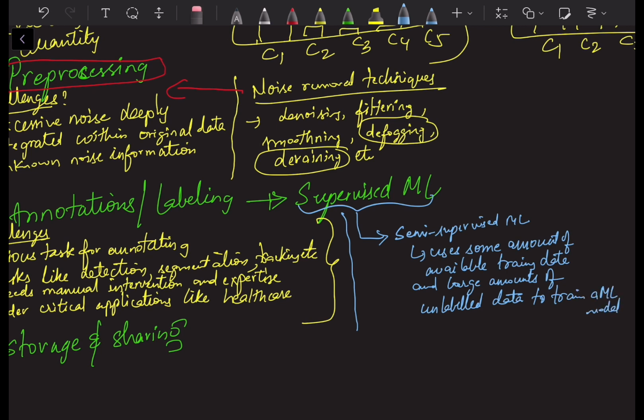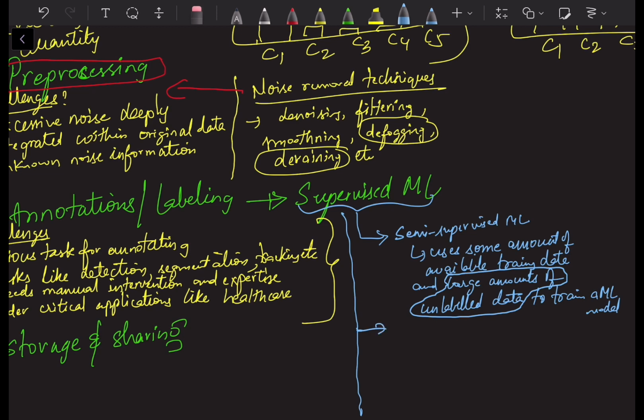How it does this is, it trains with whatever amount of data it has, and then during inference it gives the large amounts of unlabeled data to the model, and whatever the model predicts can be used as annotations with some error bar, because the model trained on some amount of labeled data may not be highly accurate, so we have to go with some amount of noise in the labeling process.